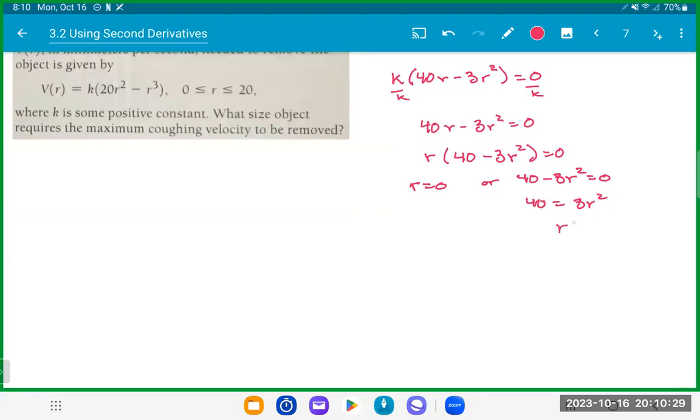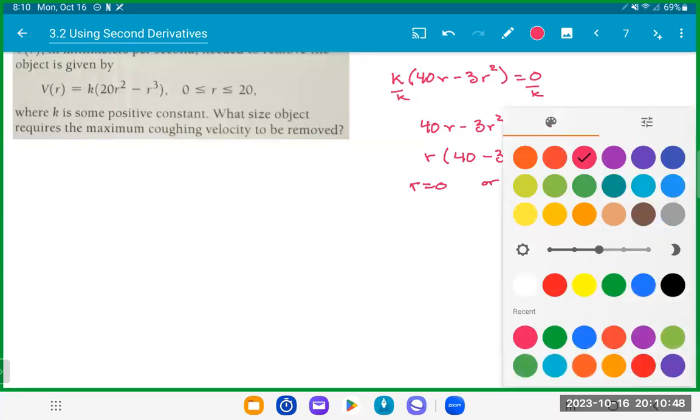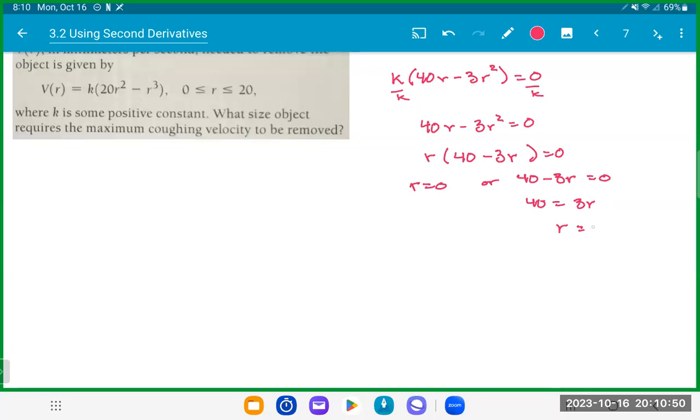So r is equal to, this is just r because we pulled an r out, not an r squared. So this leaves me with r is equal to 40 over 3.